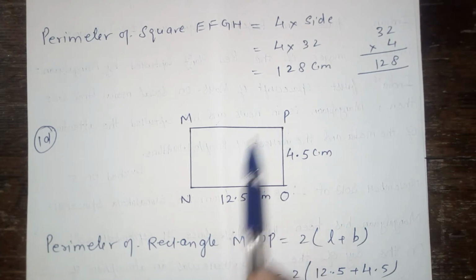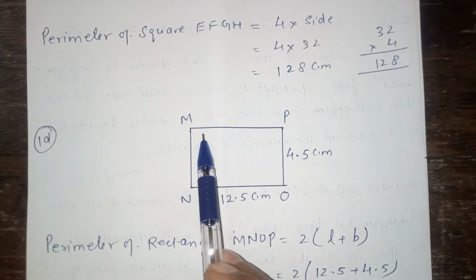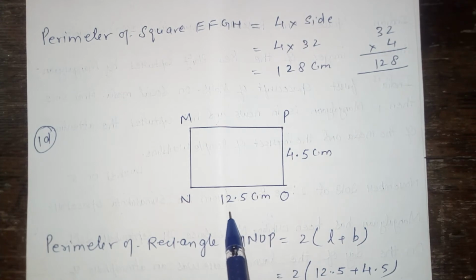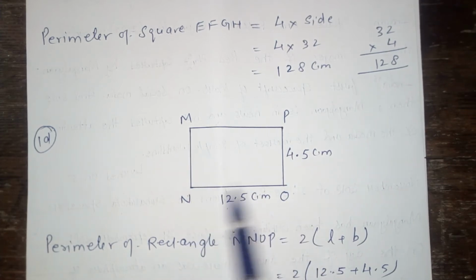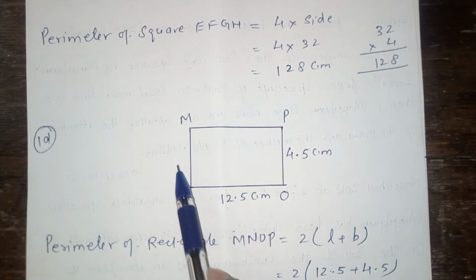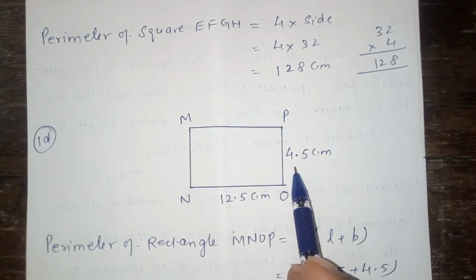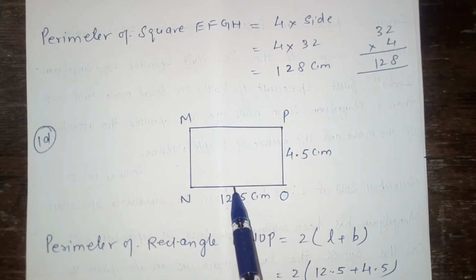MP and NO will be 12.5 centimeter, and OP and MN will be 4.5 centimeter. In a rectangle, only opposite sides will be equal.